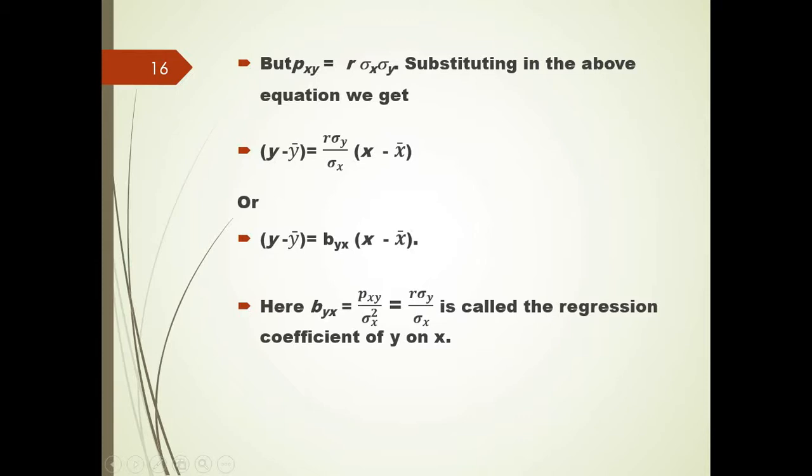So similarly, you can write the regression equation x on y, with the dependent variable being x. So first x minus x bar equal to bxy into y minus y bar, where bxy is r sigma x divided by sigma y.